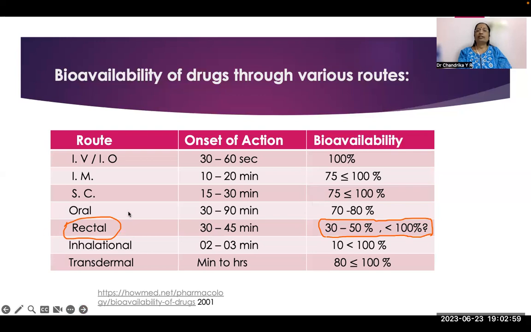As far as the rectal route is concerned, the onset of action is 30 to 45 minutes and the bioavailability is variable. It is 30 to 50%, and I have written here less than 100% with a question mark that I am going to explain in the slides later. And we can give drugs through the inhalational route and also the transdermal route.